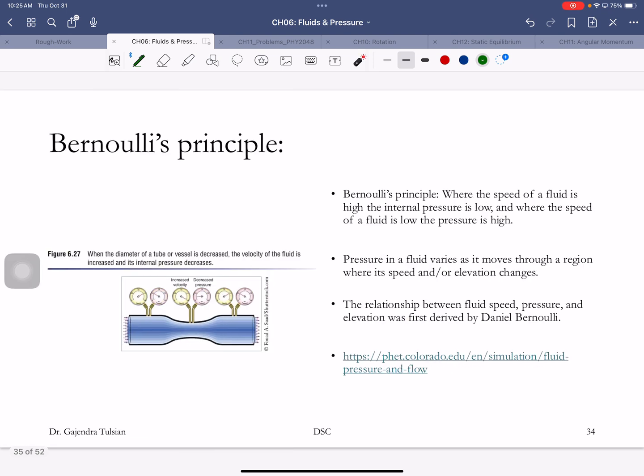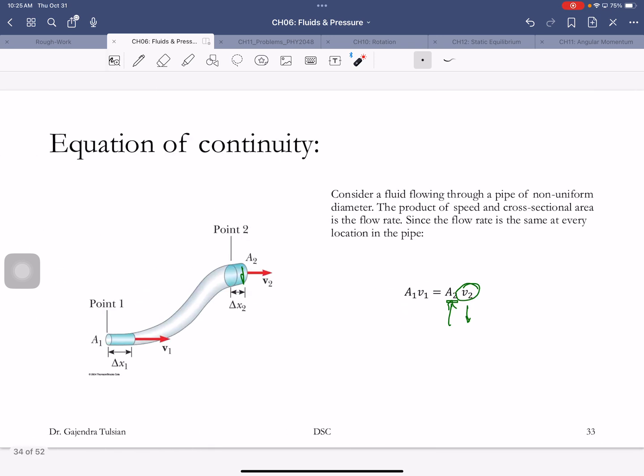All right, so here's another important thing to remember. Mr. Bernoulli captured all of this. This is the blood speed related to the area.